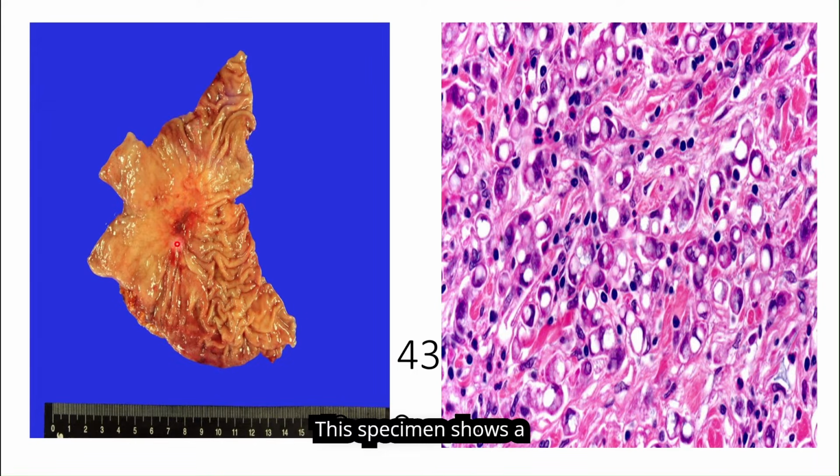This specimen shows a large area of ulceration with a loss of rugosity of mucosa, and this is a part of stomach wall showing this type of histology. Easy to identify, and the appearance is like a signet ring appearance.